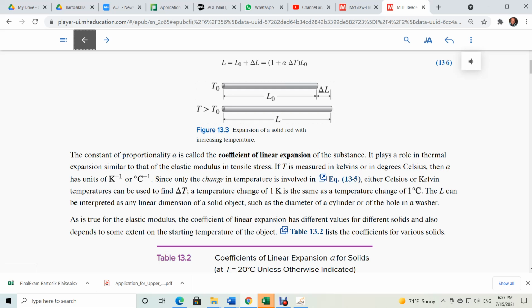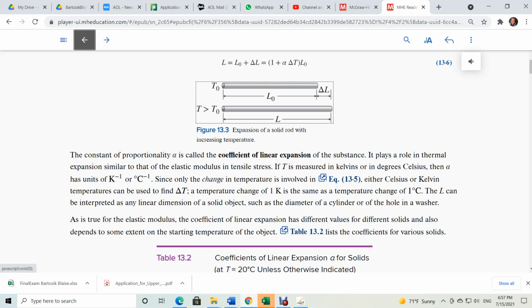You don't always see something increasing its size. Sometimes a solid increases size by so little that you cannot see it by naked eye. But that's the picture that you must have in your mind. You increase the temperature of a given solid and the solid is going to become longer.